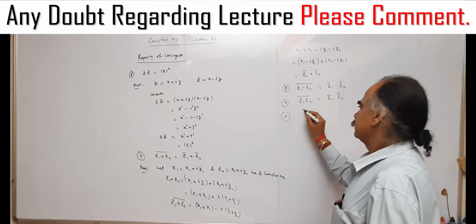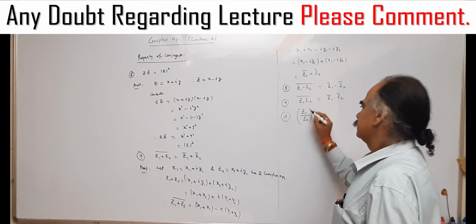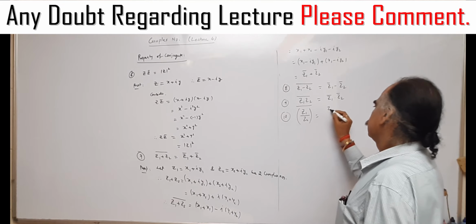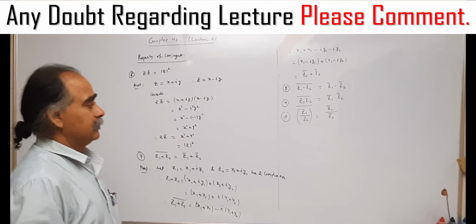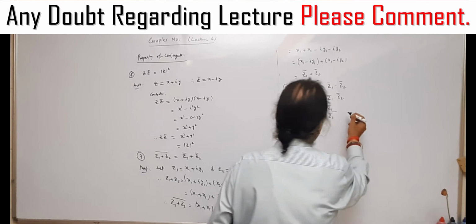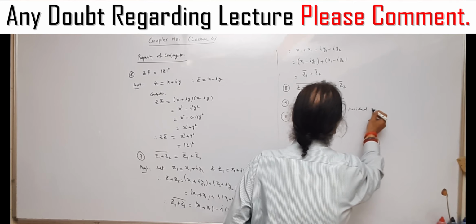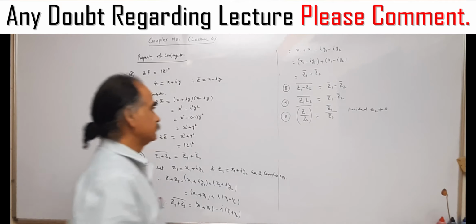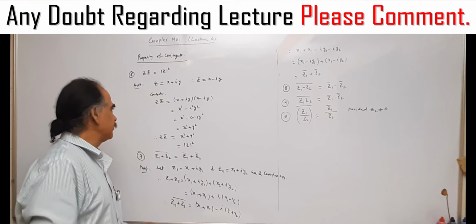And the 10th is z1 upon z2 conjugate, which will be same as z1 conjugate upon z2 conjugate, provided z2 should not be 0. So these are properties of conjugate.